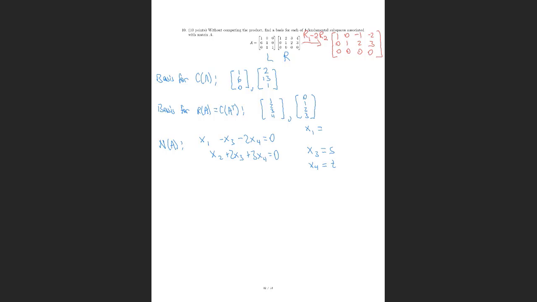Then x1 would be s plus 2t, and x2 we could say is negative 2s minus 3t. So then if I just extract the coefficients of s and put them into a vector, and then extract the coefficients of t and put those into a vector, this would be a basis for the null space. Okay.